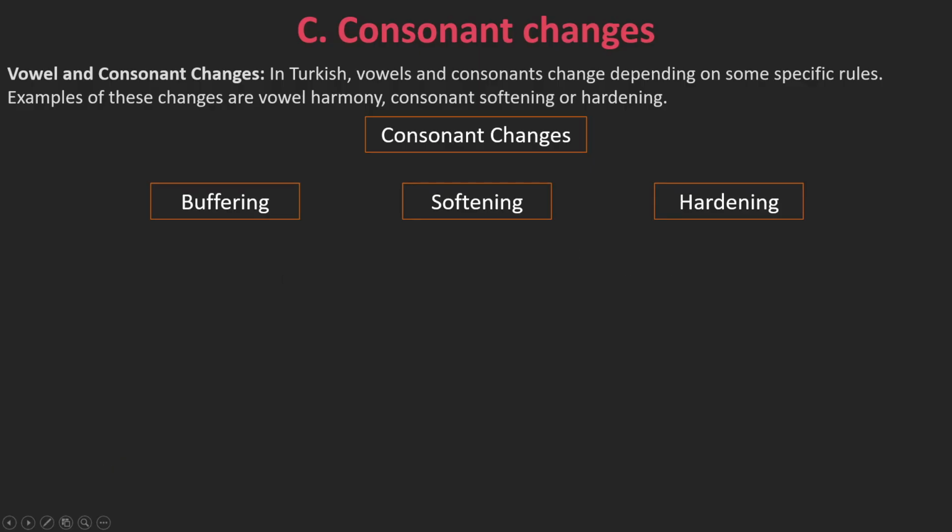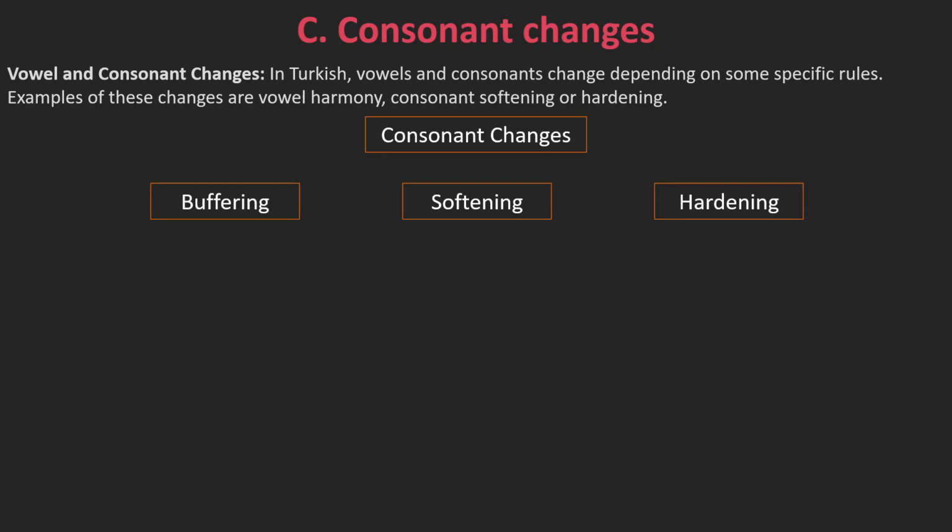Consonant changes. This is as important as the vowel harmony, because sometimes words will have a consonant as the last letter. It's not always a vowel, and sometimes you will need to separate them, sometimes you will need to change the last letter, and sometimes you will need to choose the correct suffix.